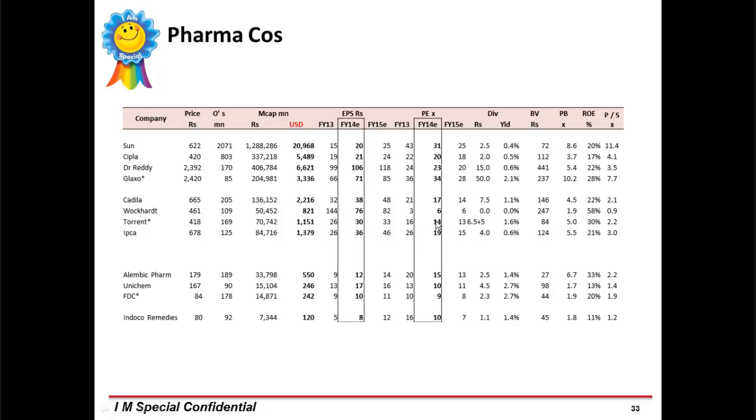Of course Oakheart is an exception, because Oakheart is facing a company specific issue, that is why the valuation is lower. And lastly, the tier 3 companies, PE is low, 15 times, 10 times. So they are almost trading at, for example, Alembic Pharma is trading at 50% discount to Sun Pharma's PE. Even look at return on equities. All these stocks have very good return on equities, 20% plus. So these will command higher PE.